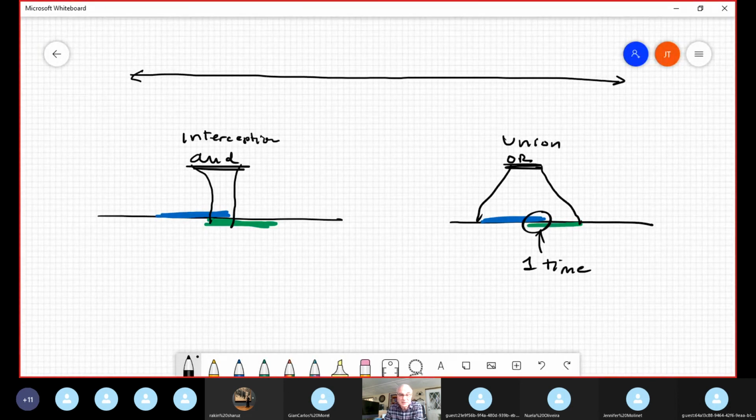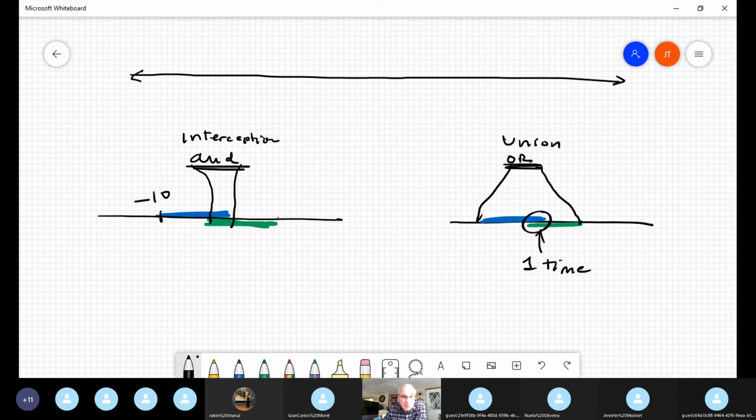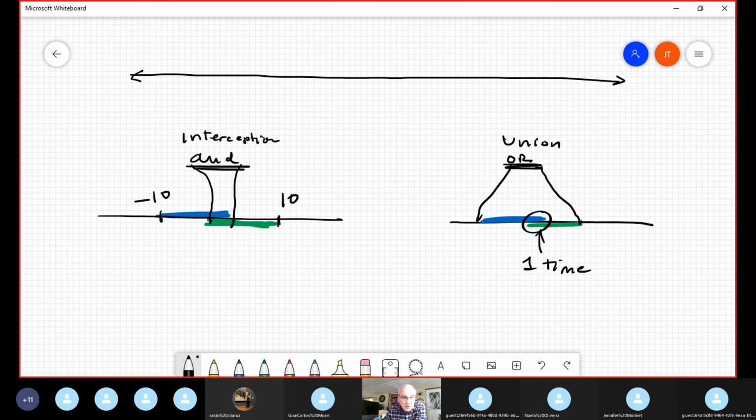Suppose this number is negative 10, this number is positive 10, this number is negative 1, this number is positive 1. The and is from negative 1 to positive 1, suppose bracket. The union is from negative 10 to positive 10. Bracket or parenthesis doesn't matter.